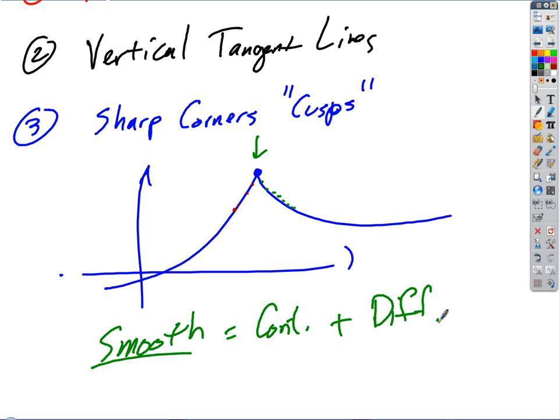And so think about it this way, if I were to rub my hand over it, it would feel jagged. If a function is gonna feel jagged because it's got cusps, it's not smooth, it's not differentiable. So continuity and differentiability combined mean a nice, well-behaved function, a smooth function, where the derivative is always defined. Okay? We'll get back to that.